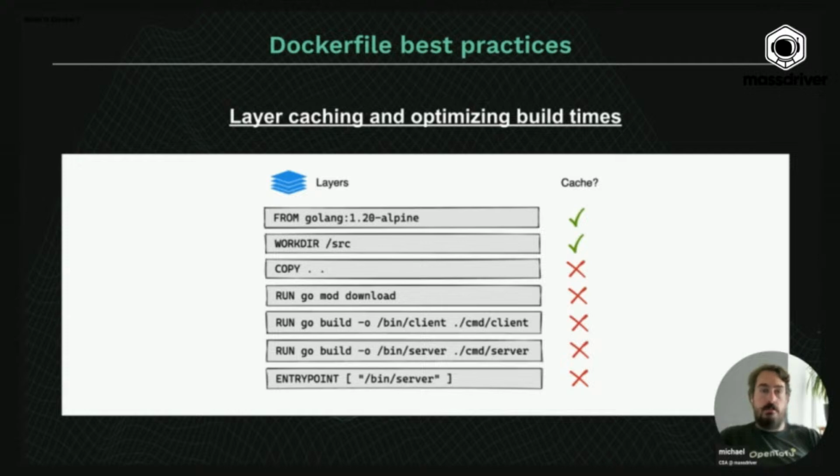Layer caching. As shown in this image, if a layer of the image remains unchanged, then Docker will reuse that image from the build cache, which is indicated by the green check mark. However, if a layer has changed, that layer and all subsequent layers marked with the red X's will need to be rebuilt.